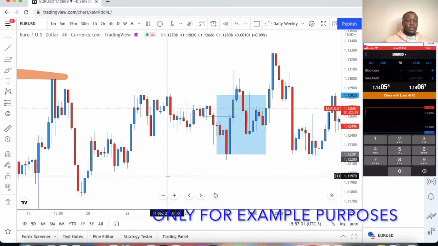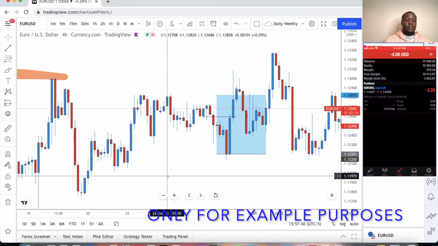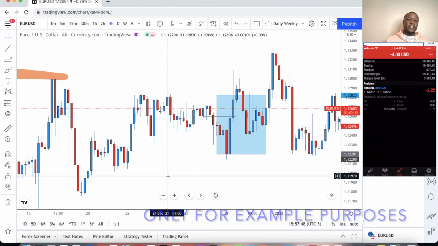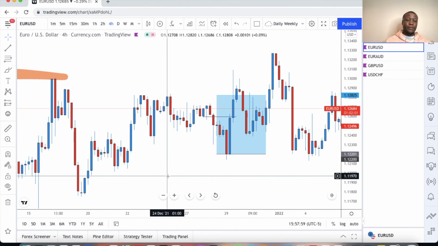So say it's one lot, and you're taking 75% of that off, you edit the one lot to 0.75, and then you close the trade and you change your stop, as I said, to risk free at the same time. And once you do that, you just let it run for however you want. If it even goes against you, you have nothing to worry about. You already took something off.